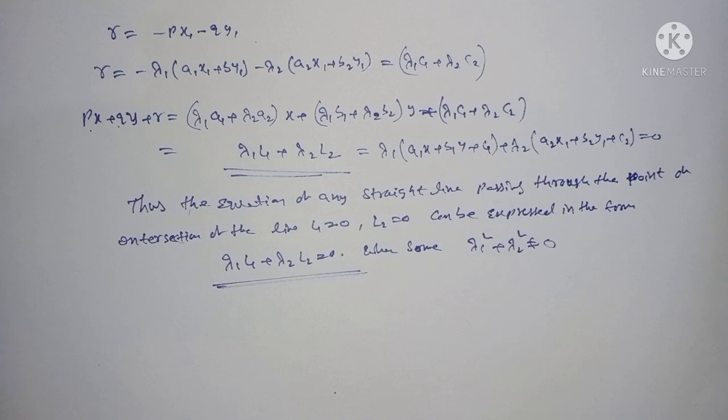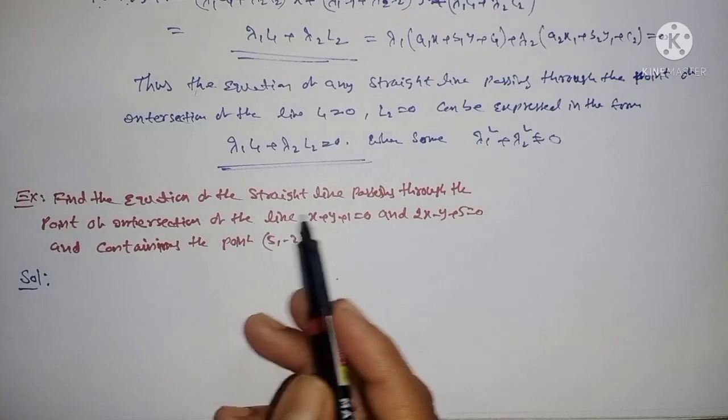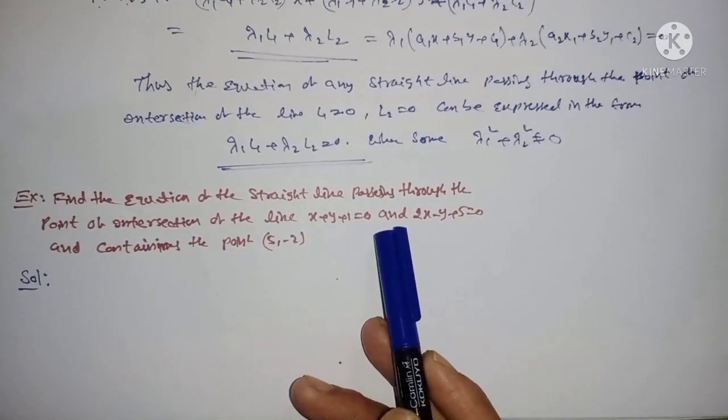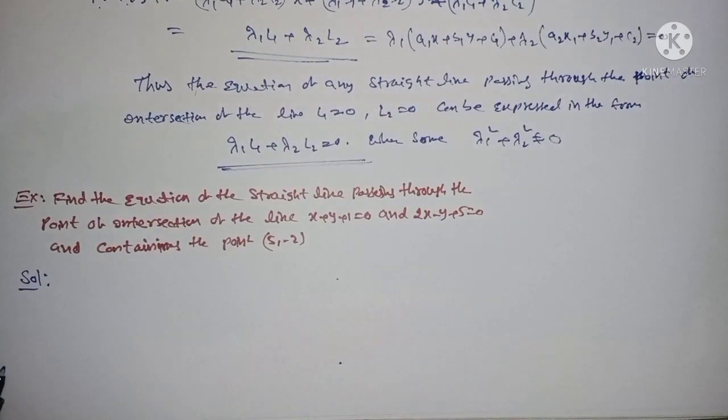The problem is very simple. See one example. Find the equation of the straight line passing through the point of intersection of the lines x plus y plus 1 is equal to 0 and 2x minus y plus 5 is equal to 0, containing the point 5 comma minus 2.